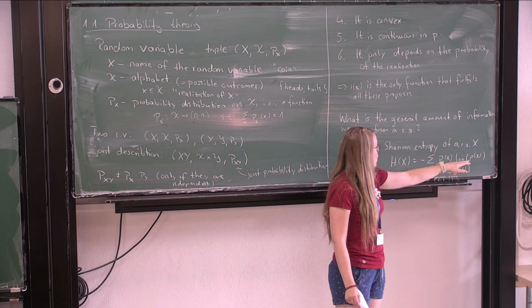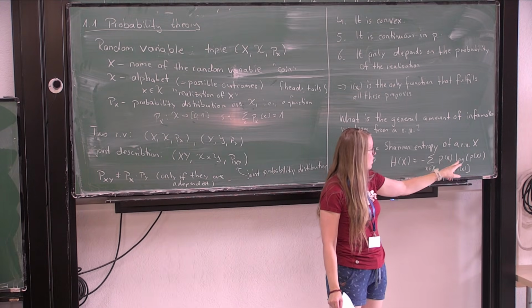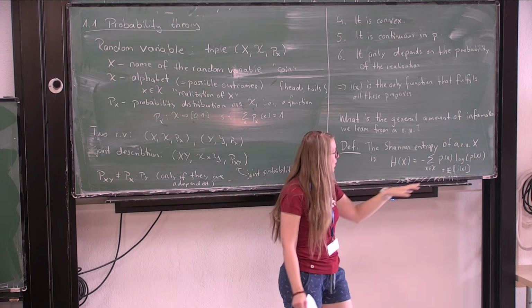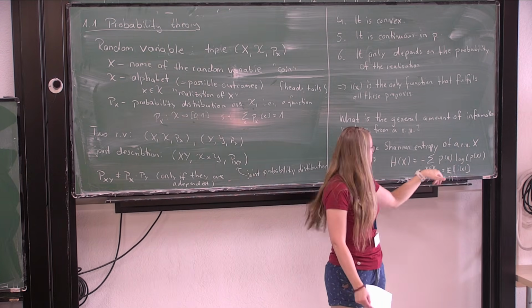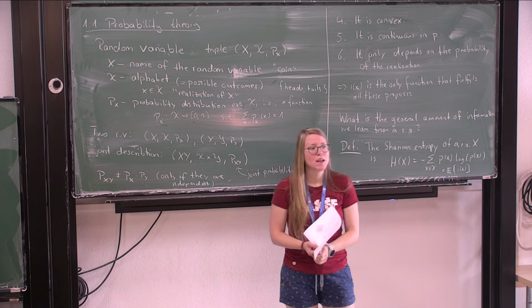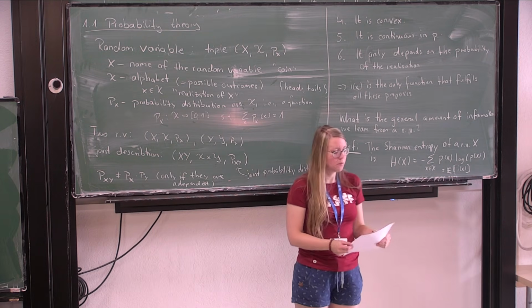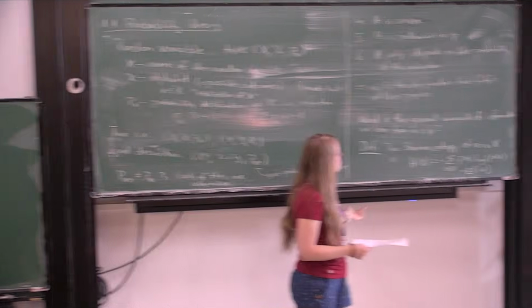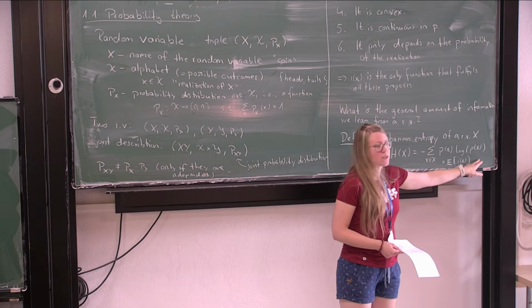One thing we have to be careful about with this formula is what happens if the probability is 0. In that case, the logarithm of 0 goes to infinity, so we have 0 times infinity. But if you take this function and let the probability go to 0 and calculate the limit, you see that this is 0.